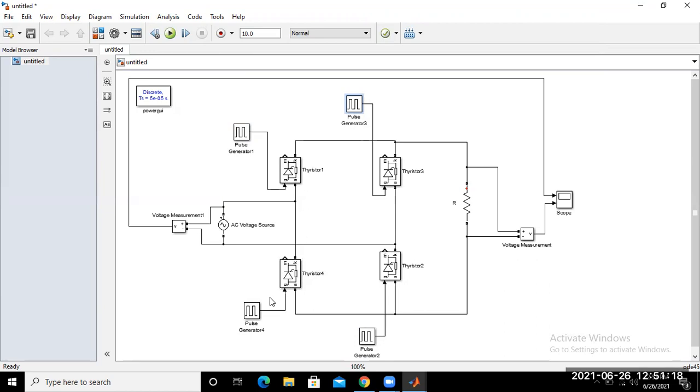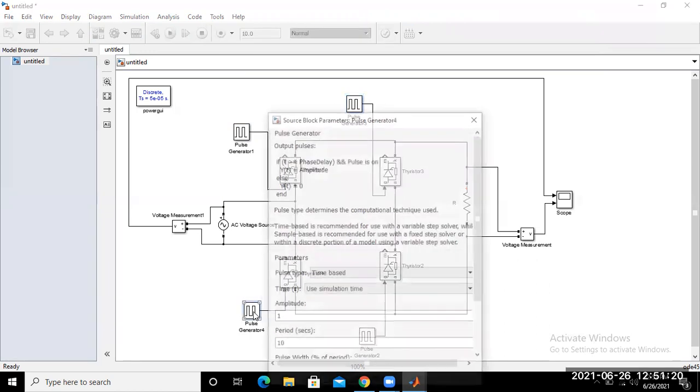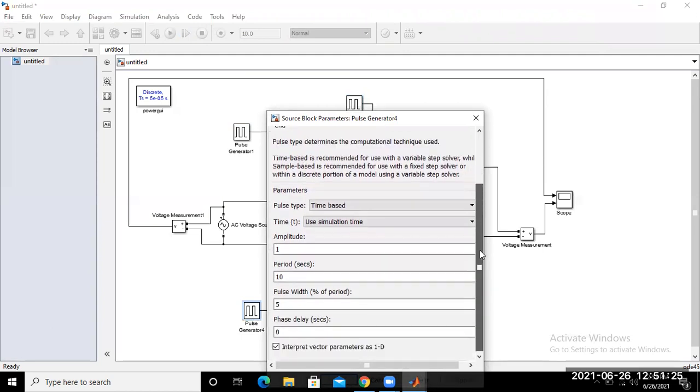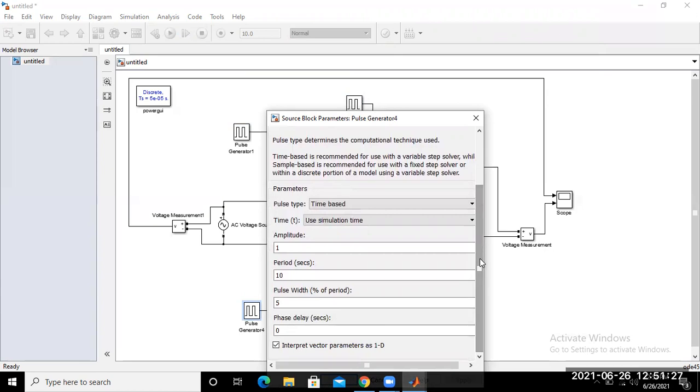Now for thyristor number 4, again the pulse generator 4 provides the same phase delay similar to thyristor number 3.